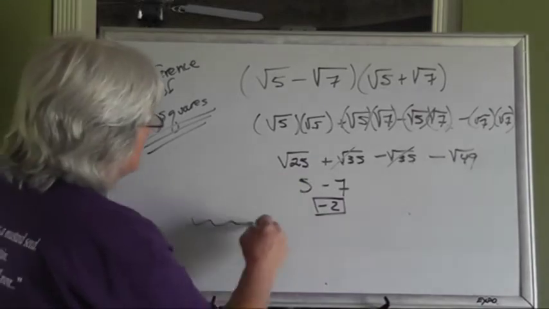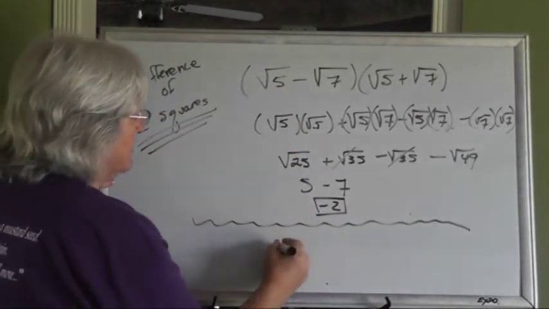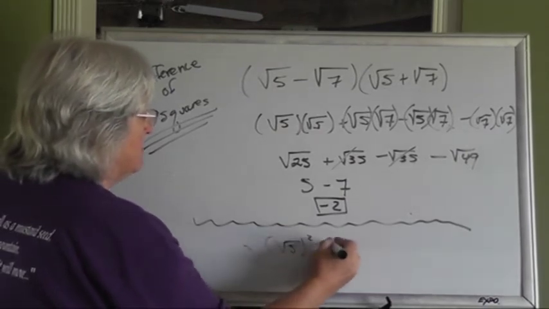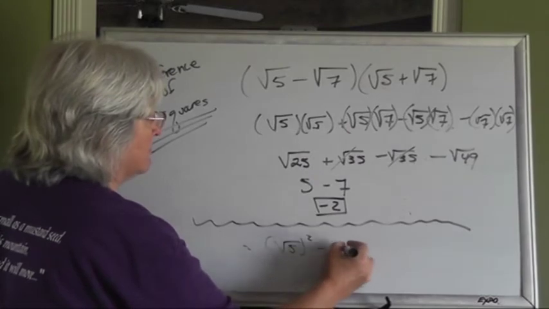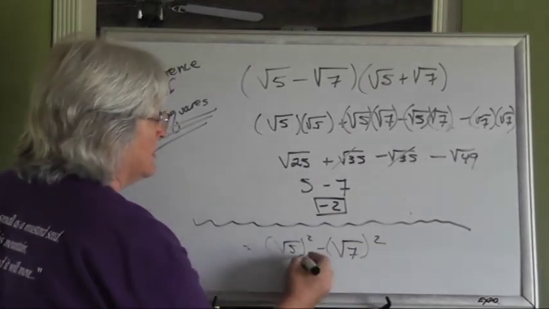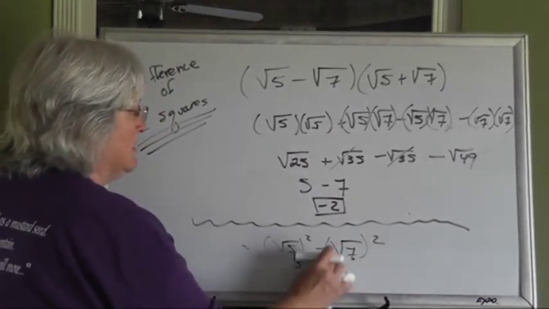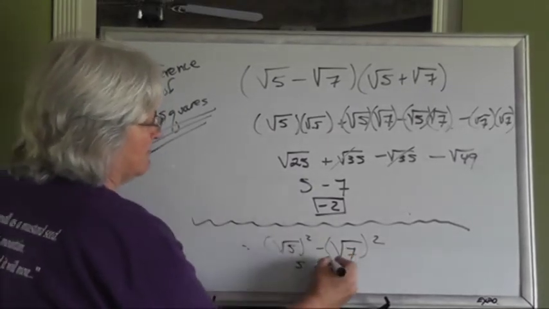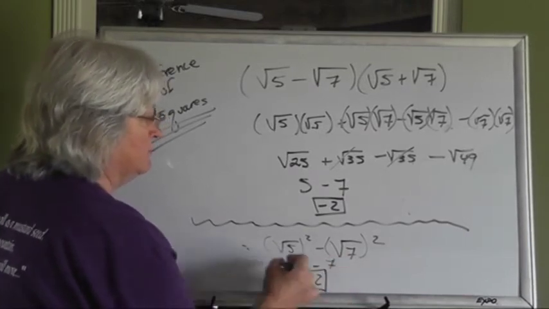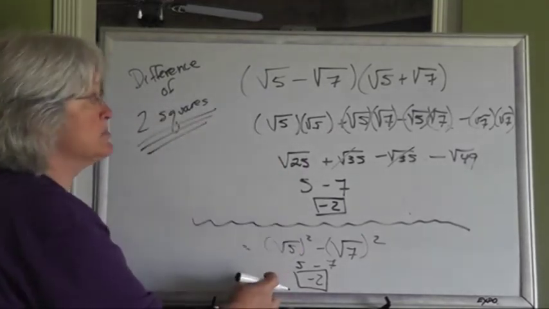So what this factors into is the first term squared minus the second term squared. Or 5 minus 7, or negative 2. You arrive at the same solution much more rapidly.